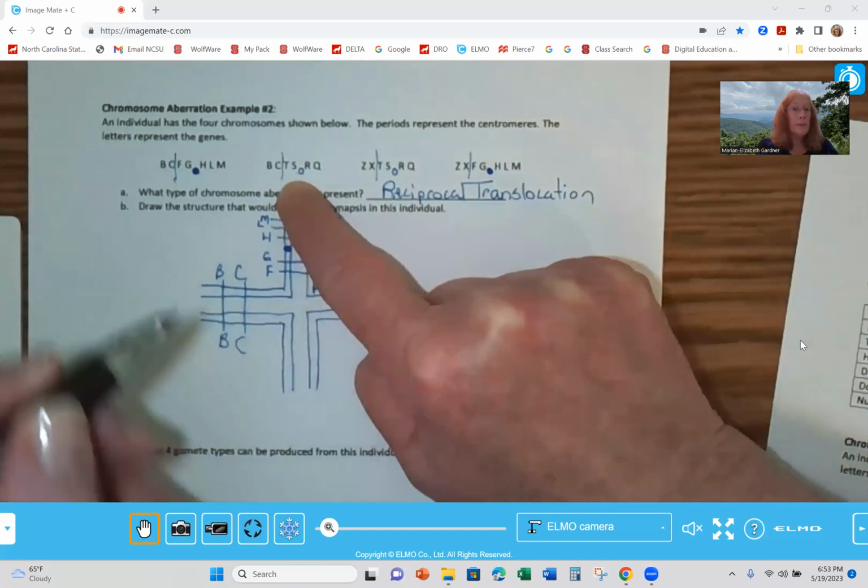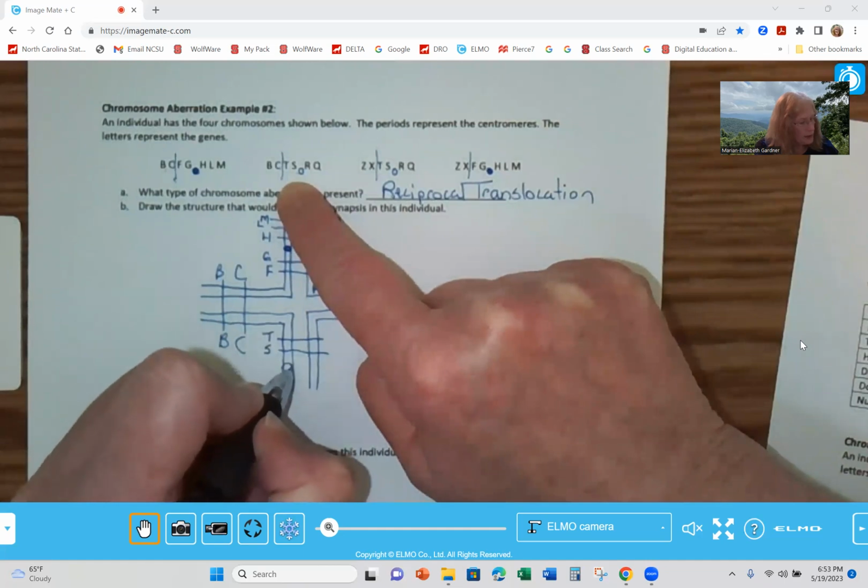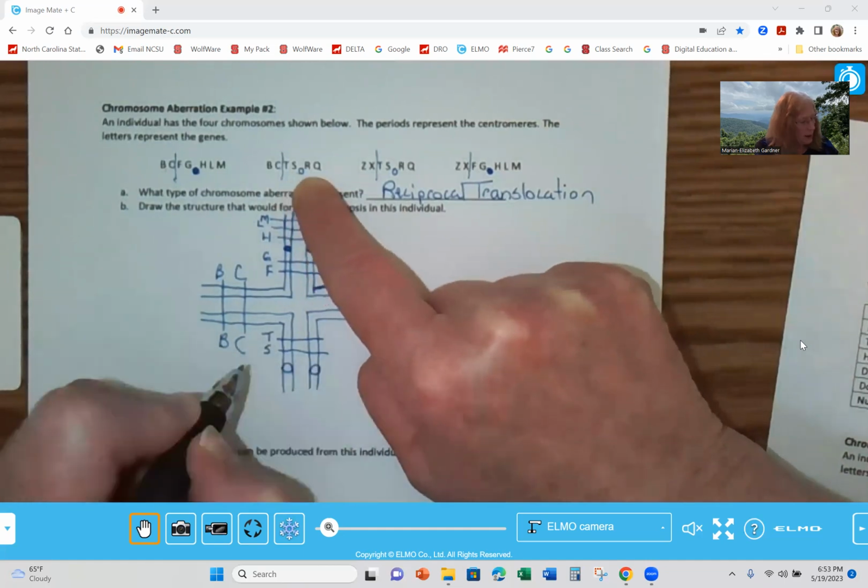Okay, so my other BC goes to the breakpoint. There's my interior corner, TS, open centromere, RQ.